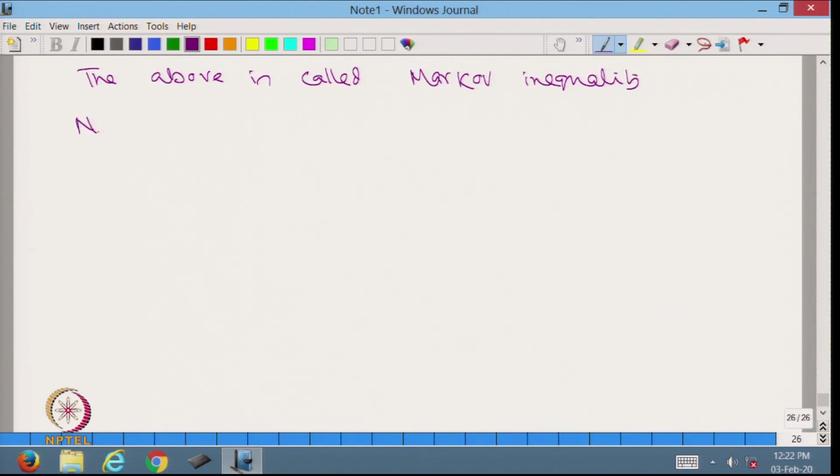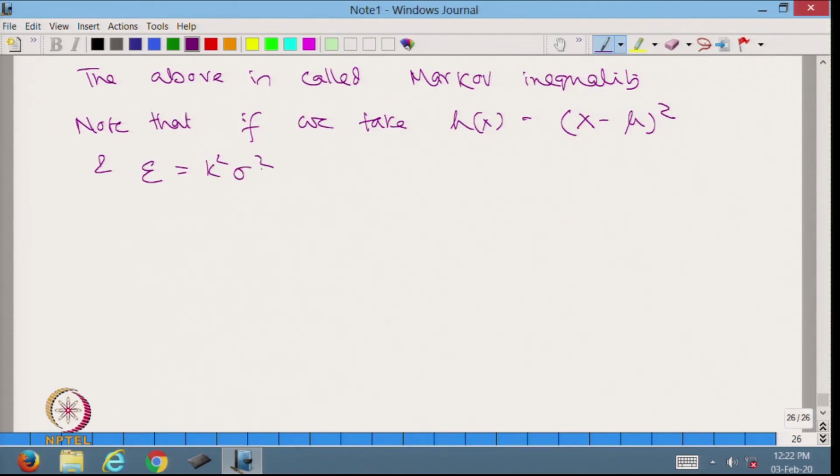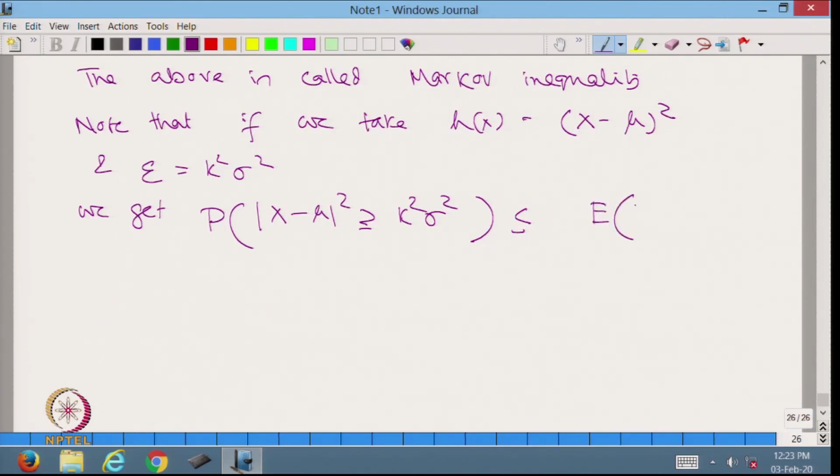Note that if we take h(x) equal to (x minus mu) whole square and epsilon equal to k squared sigma square, we get probability (x minus mu) whole square greater than or equal to k squared sigma square is less than or equal to expected value of (x minus mu) whole square upon k square sigma square, which is equal to 1 upon k square.